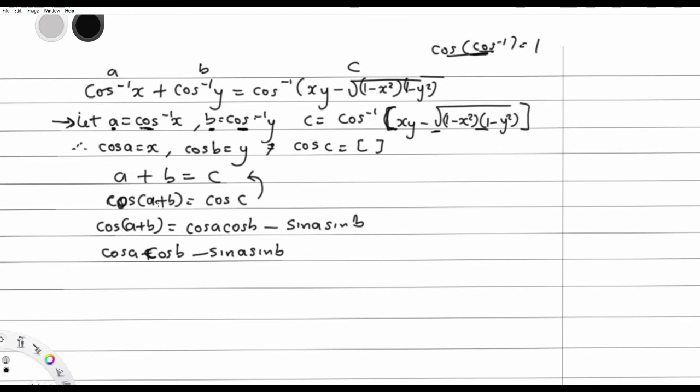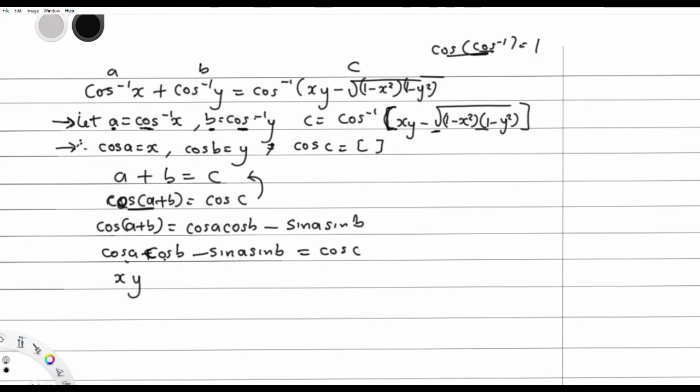That's what we have here, equals cos c, isn't it? So now we already know that cos a cos b from what we have here. Cos a is x, cos b is y, isn't it?